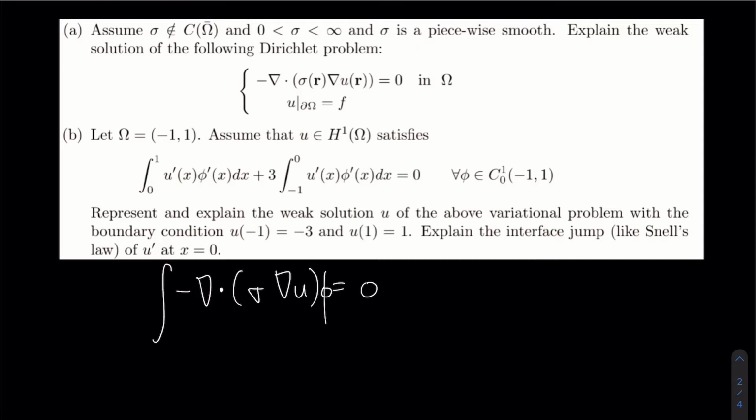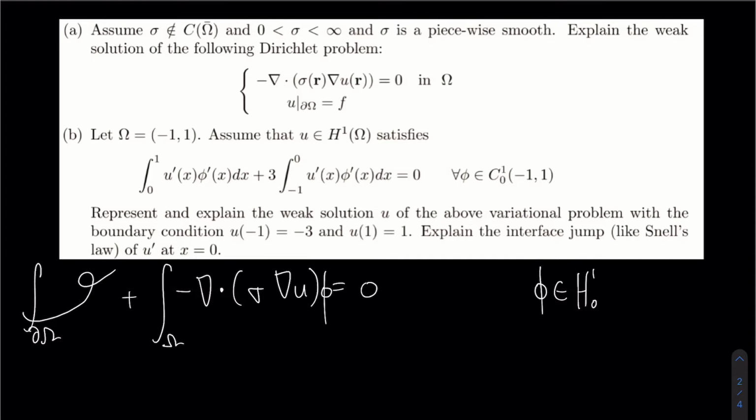Now, I'm going to apply Green's theorem. I'm going to assume that phi is in the Hilbert space, so I can apply Green's theorem and safely ignore the part evaluated on the boundary.